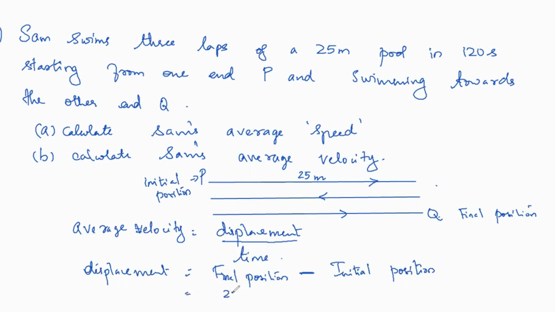So it is 25 minus 0, which is 25 meters. Now the time taken by Sam is again the same, 120 seconds. So displacement is 25 over 120, which is equal to 0.21 meters per second.